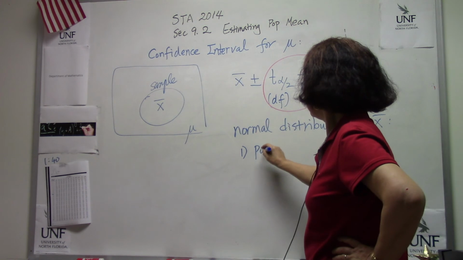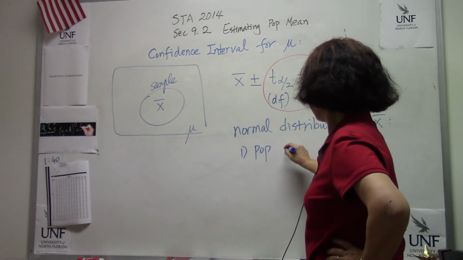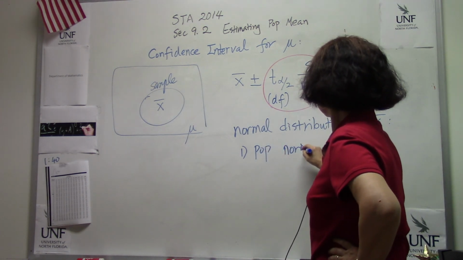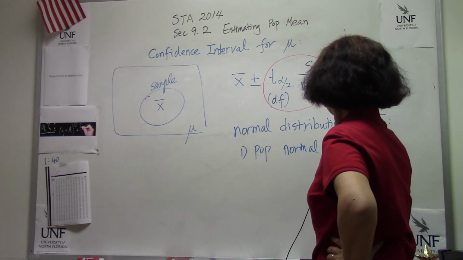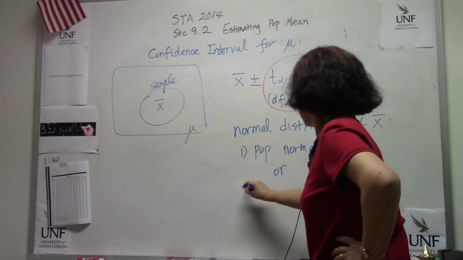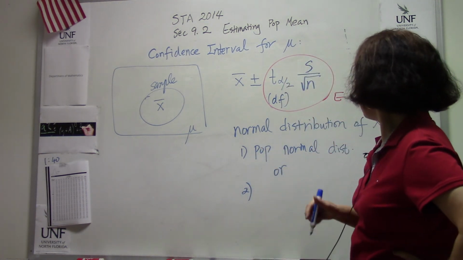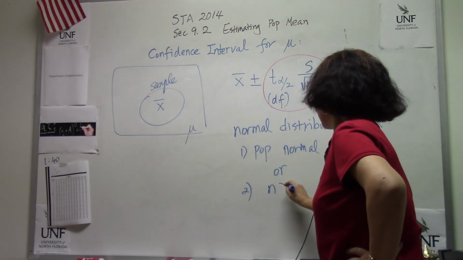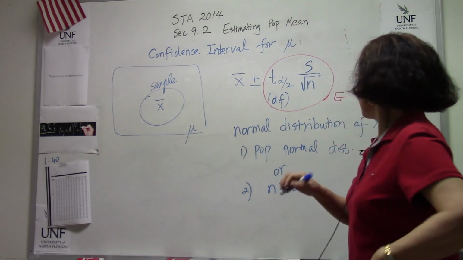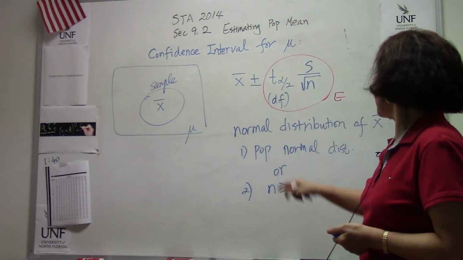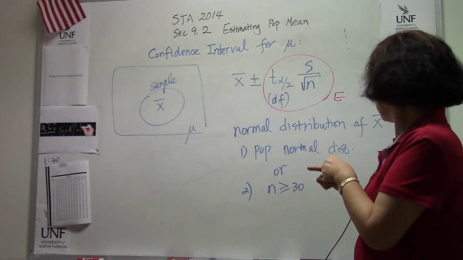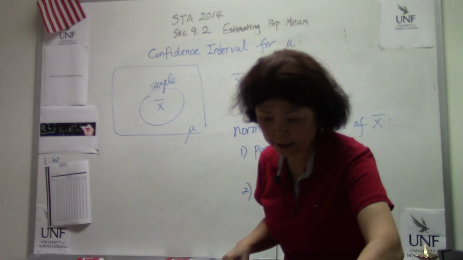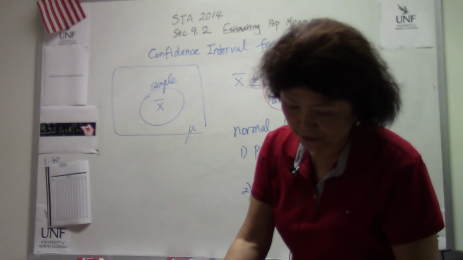If the population is known to have a normal distribution, or if we do not know the distribution of the population but little n is greater than or equal to 30, then we can think about a normal distribution of x bar.